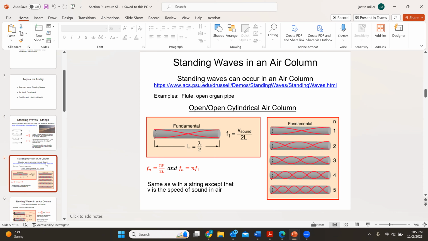We can do the same sort of analysis regarding the waves that can fit within an air column, but there are two different types. There's an open air column, which is basically a hollow tube open on both ends, so you can see all the way through it. And there's another air column that's open at one end but closed at the other.